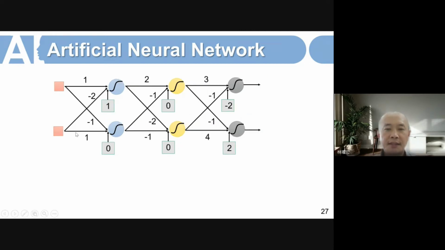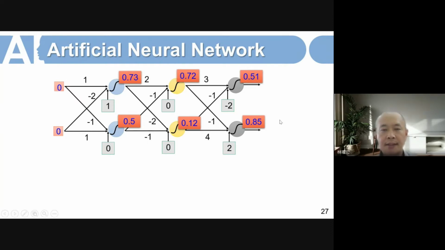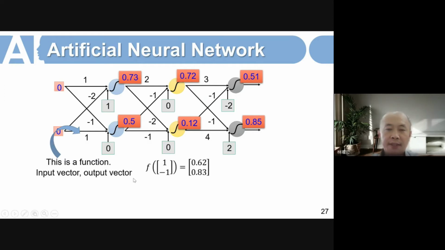I show you another example, a similar process. So when we regard the neural structure as a function, here is a function with unknown weights and biases. The input is a vector, the output is a vector. We can simply represent the process by this equation.